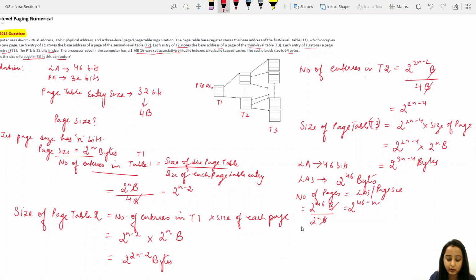So from here also we get the number of pages. From here also we got the size of the page table, and from there we get the entries, which we have not calculated here. Size of page table we have calculated.